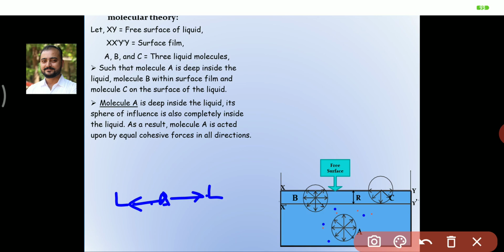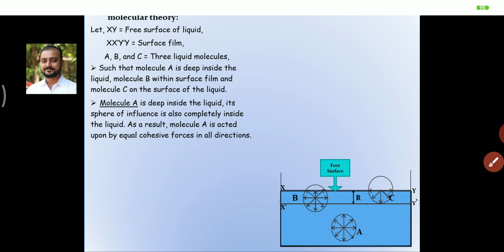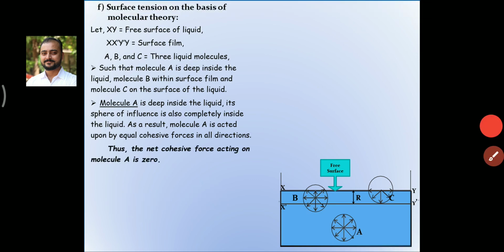So this force gets cancelled by that force, and in all possible directions the cohesive forces get cancelled. That's why the liquid molecule A has a net cohesive force equal to 0. The net cohesive force acting on molecule A is 0.